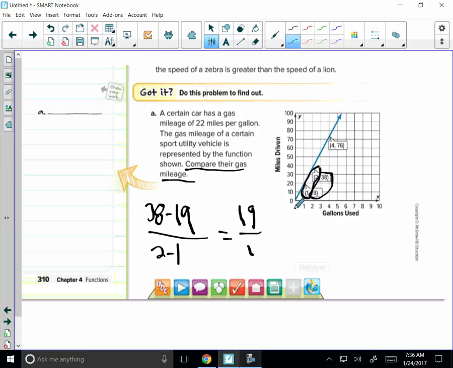What does that tell me? That tells me that there are 19 miles in 1 gallon. Now up here you can see that we have 22 miles per gallon.